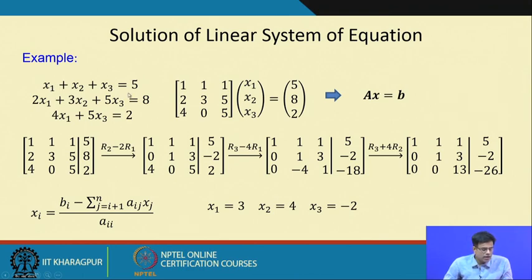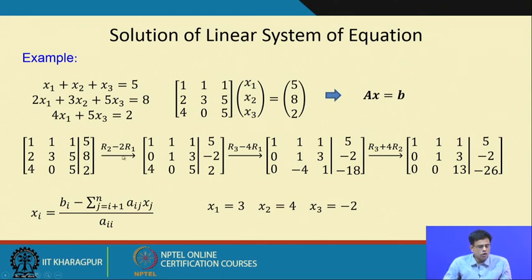Here we have 3 variables and 3 equations, and the matrix-vector form of these equations is this. This is the coefficient matrix A, and with Gauss-Jordan elimination, as we learned last class, we write the augmented form of the matrix with the right-hand side vector as the augmented part with the coefficient matrix.